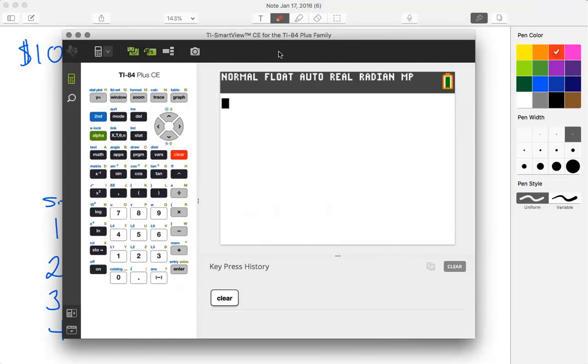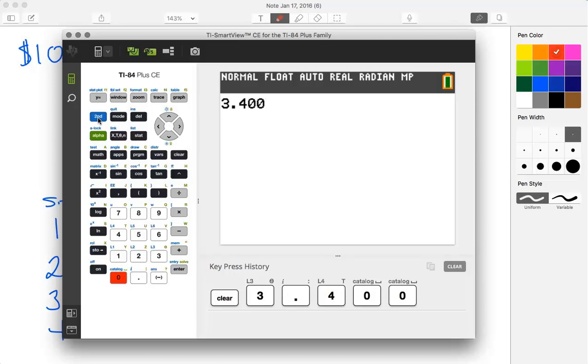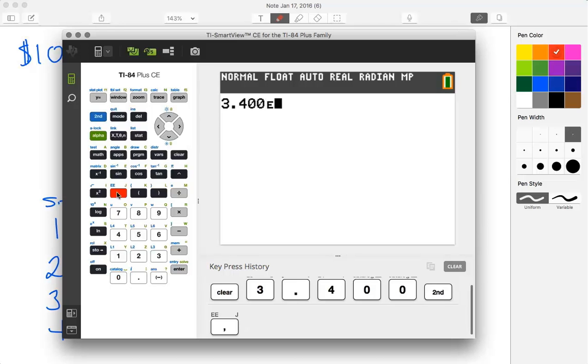If you wanted to put 3,400 in your calculator, you can do that. If you wanted to report it, you'd say 3.400, second function, double E, and you can follow my keystrokes here.